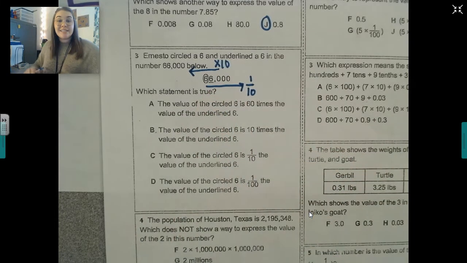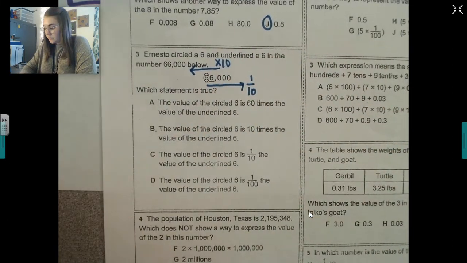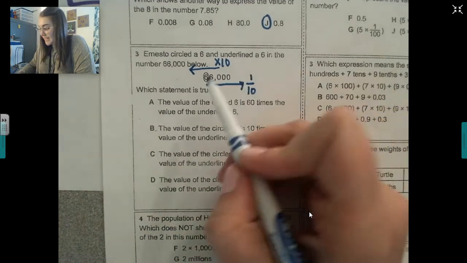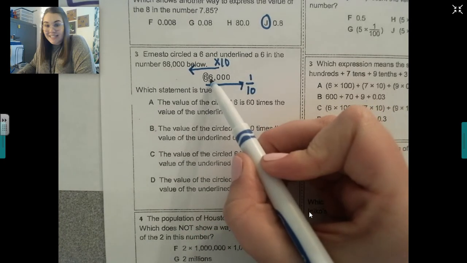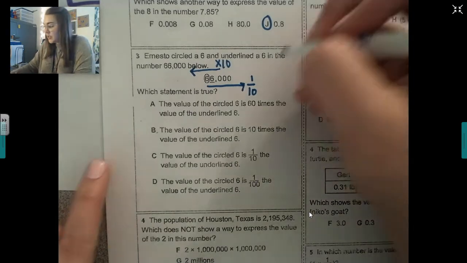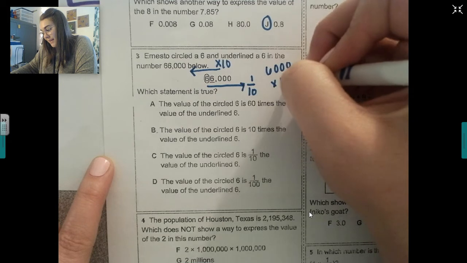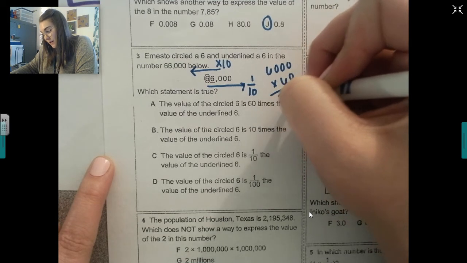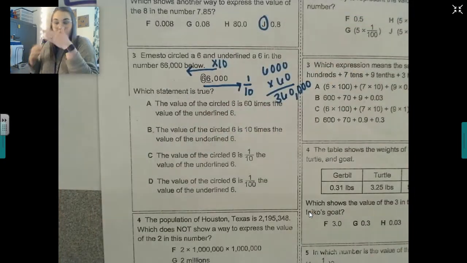So is this 60,000, is it 10 times or 60 times? Is it 60 times bigger? Well, it's not 60 times bigger because if I took 6,000 and I multiplied it by 60, I would get 360,000. Well, that's way too big.